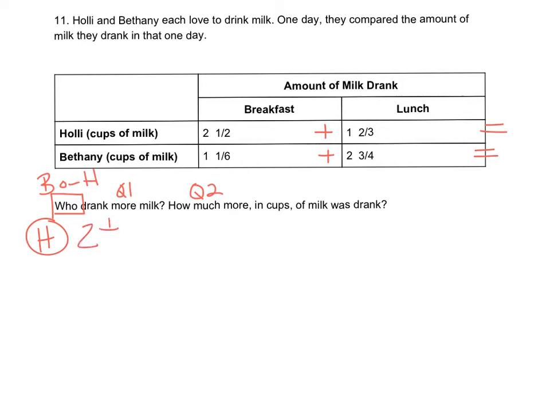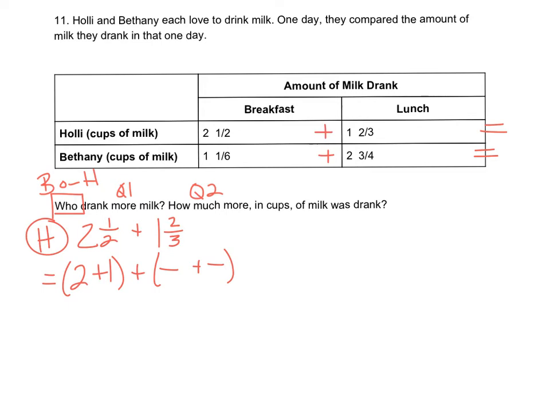So 2 1/2 plus 1 2/3. Don't have a common denominator, so I'm going to group, and I'm going to immediately start working for that common denominator.